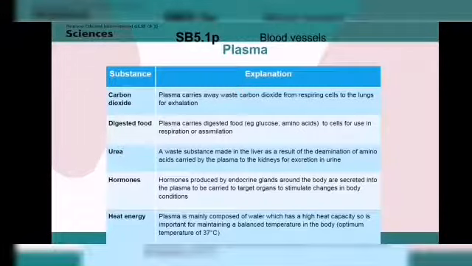Okay, plasma, substance, and explanation. Carbon dioxide. Plasma carries away waste carbon dioxide from respiring cells to the lungs for exhalation.